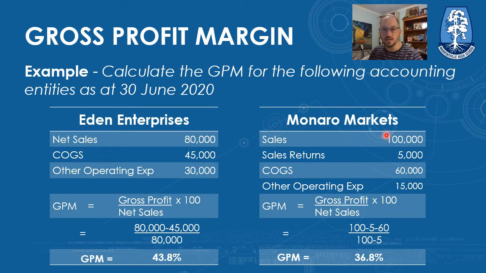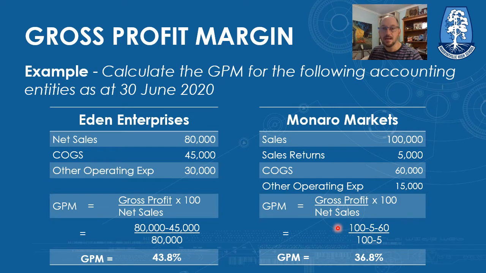Monaro Markets over here has sales of 100,000, sales returns of 5, COGS of 60, and other operating expenses of 15. The gross profit margin is calculated by dividing the gross profit by net sales. Gross profit is sales less sales returns less COGS. 100 minus 5 minus 60 would be about 35 as well still.